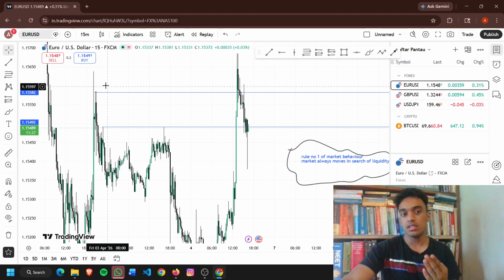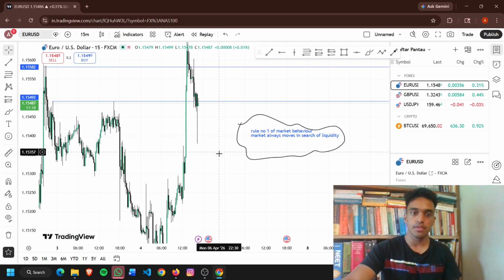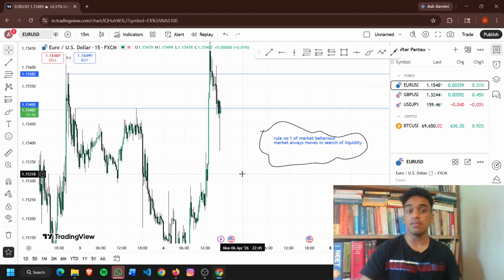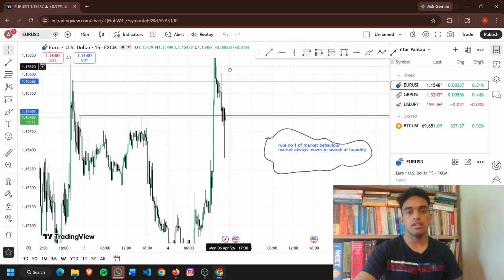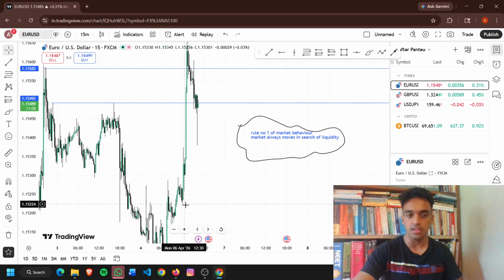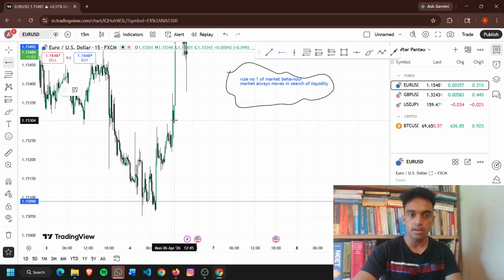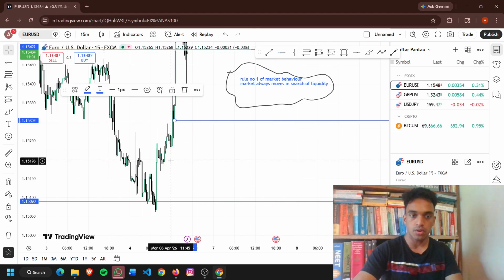But really close by there was an external liquidity, which is this and this. So this took these two and came down. Always, the market moves in search of liquidity. So they took this, and most probably it is going to go down and sweep one of these liquidity, either this low or this low.